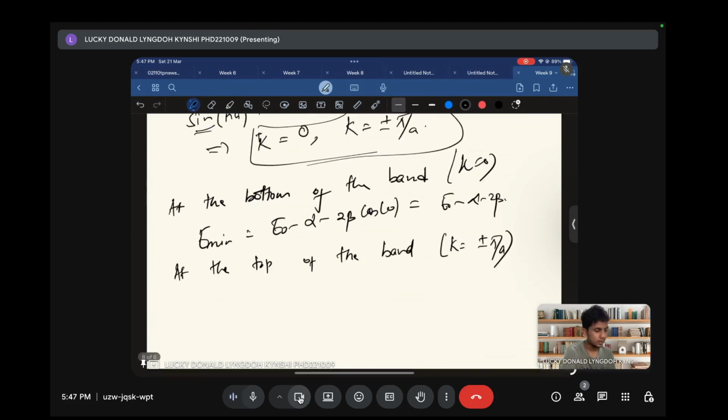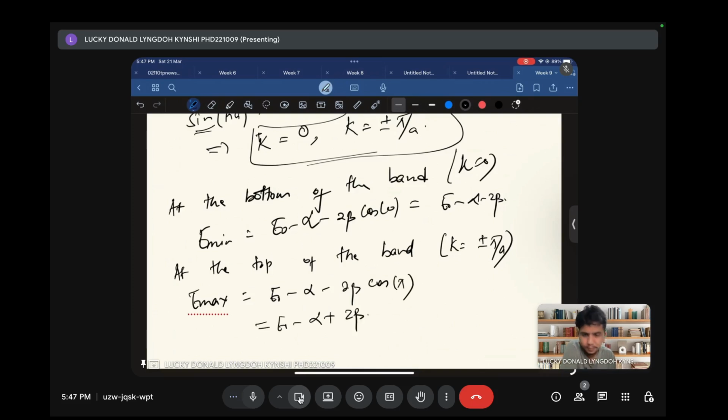E maximum will be equal to E naught minus alpha minus 2 beta times cos of pi by a. Cos of pi will give E naught minus alpha plus 2 beta. So the energy difference delta E will be equal to E maximum minus E minimum.